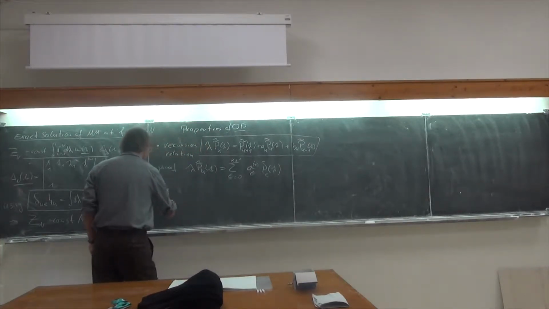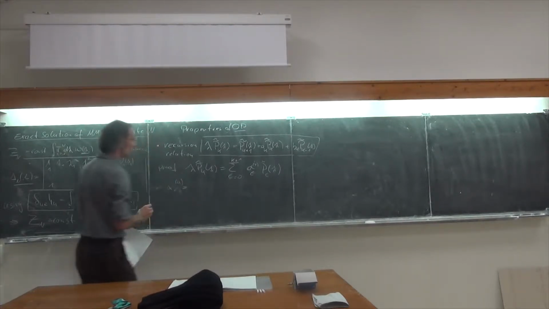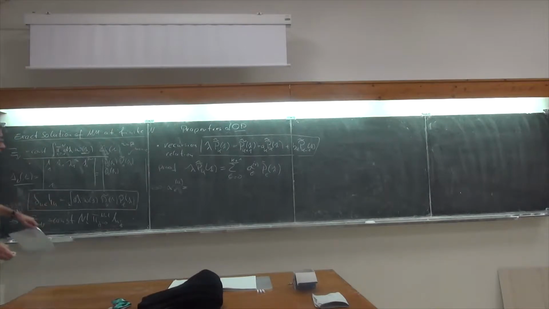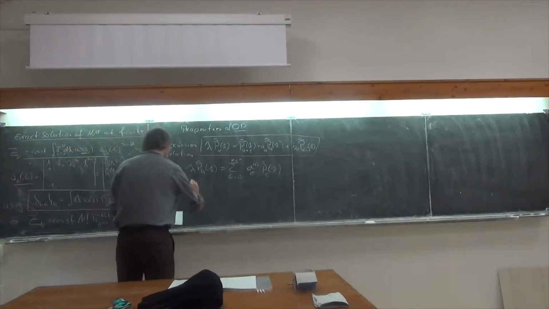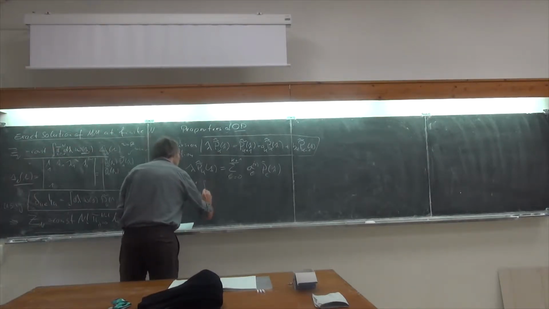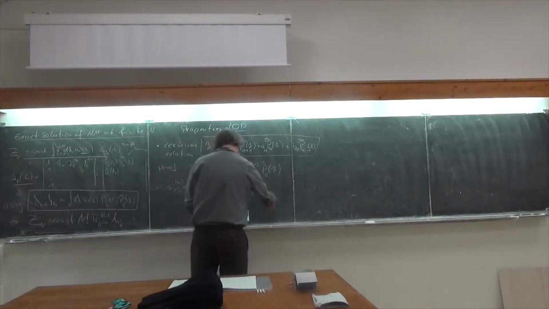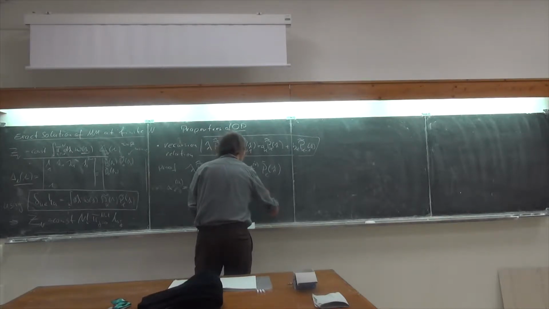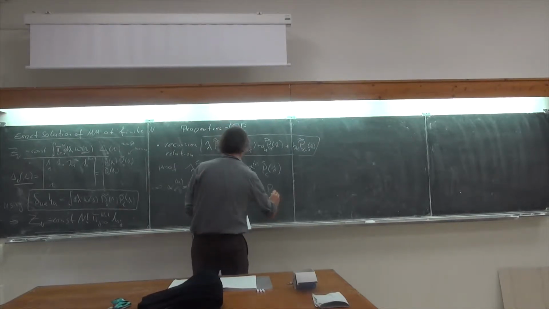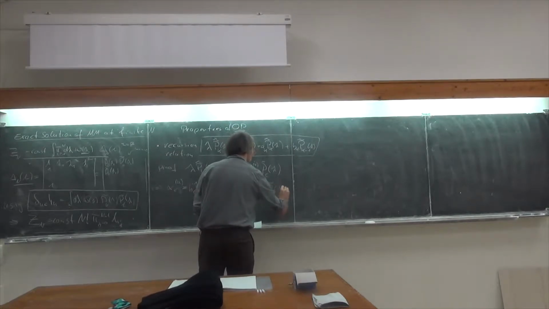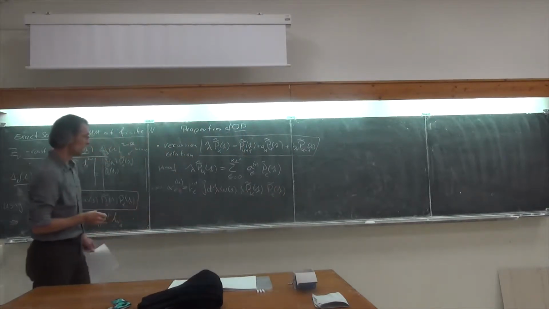So that implies that alpha is the integral of lambda p_k p_l, and then of course you have to normalize with the norms. So you just get the following expression. Nothing fancy has happened.